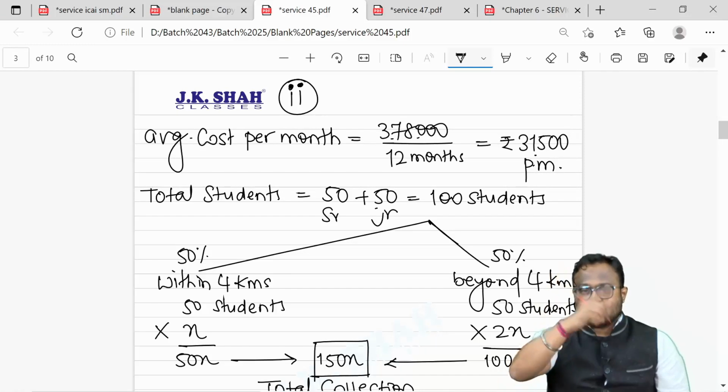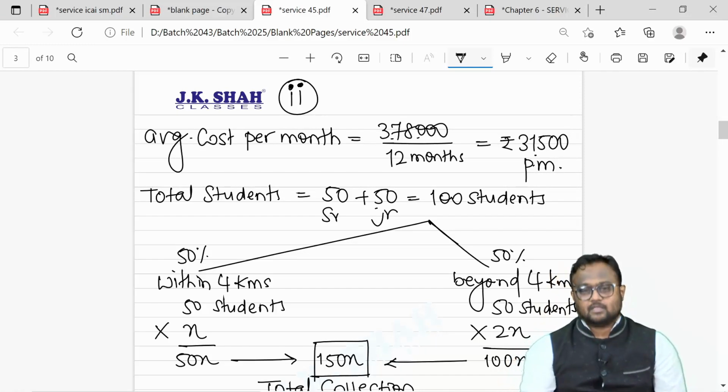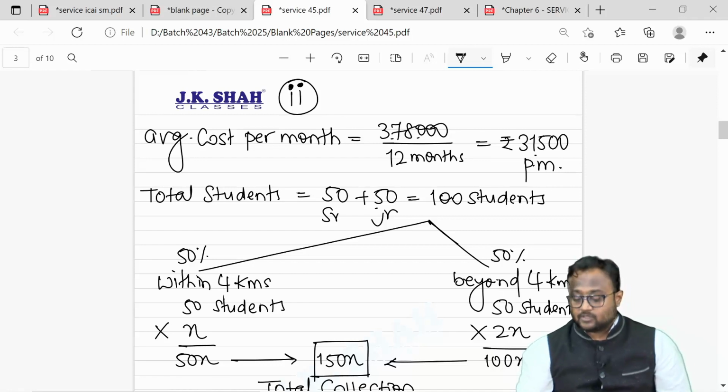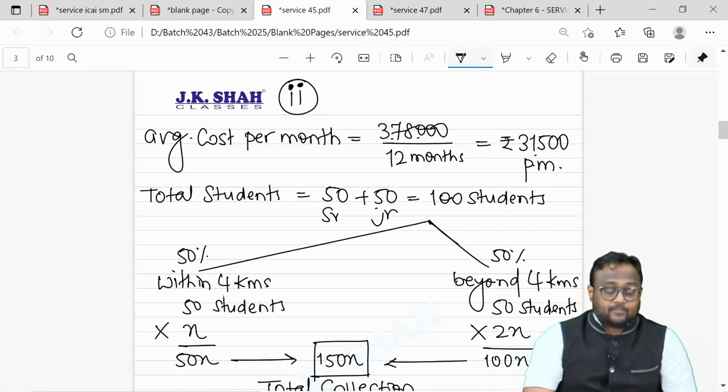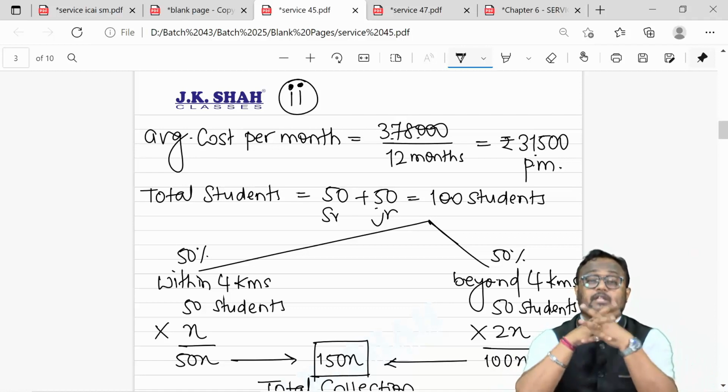Okay, 3,78,000 was the total cost if I am not wrong, and out of 3,78,000, you must remember this is for 1 year. So for 12 months it is 3,78,000. How much for 1 month? It is 31,500. The biggest blunder students created here was not taking it on monthly basis.